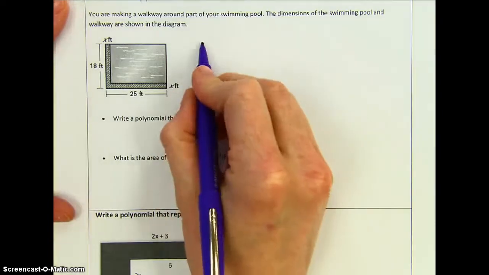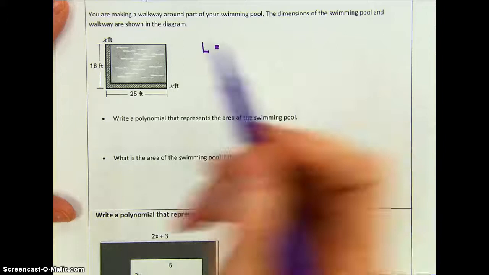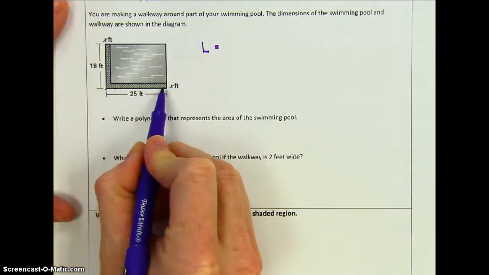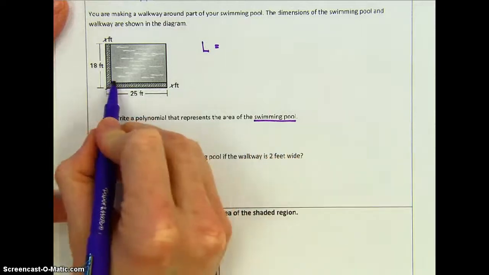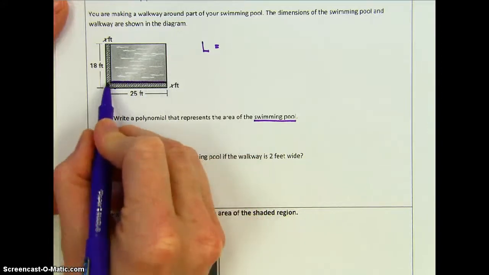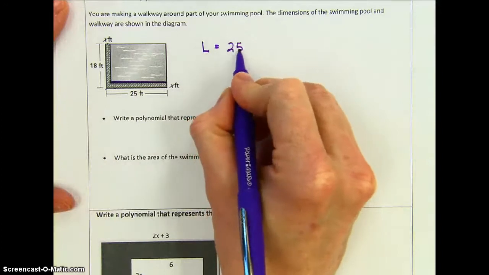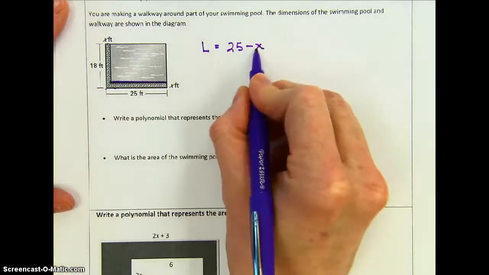So let's look at the length first. And the length is going to be, okay, it's 25 for the big one, but it's saying find the swimming pool only. So we're really only looking at this little bitty part. Now we see the whole thing is 25 and up here is x, so it makes sense that the length would be 25, take away this little x right here.